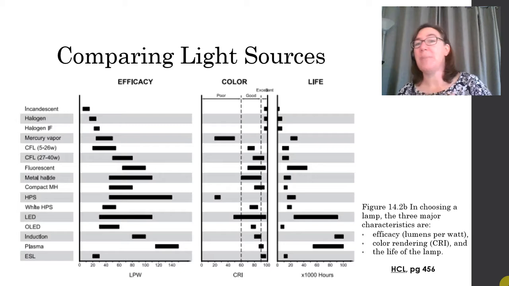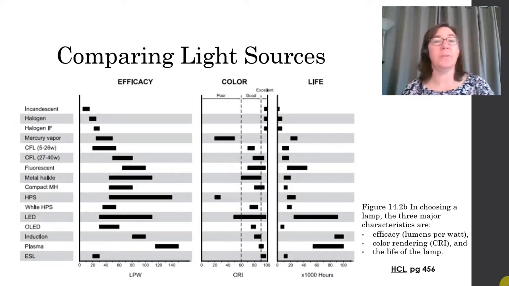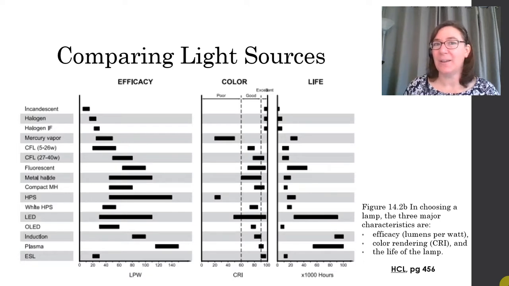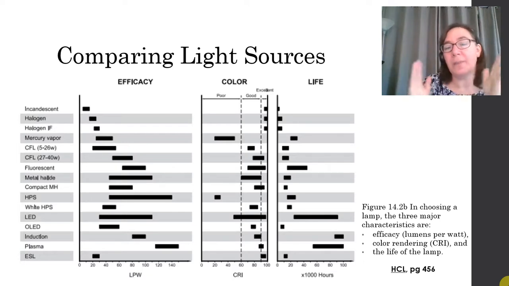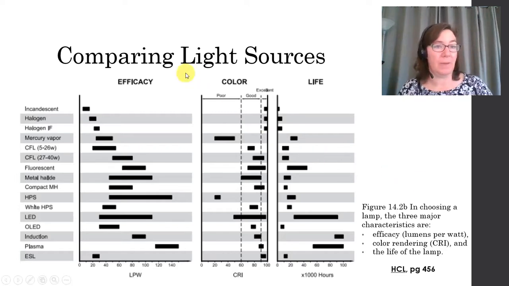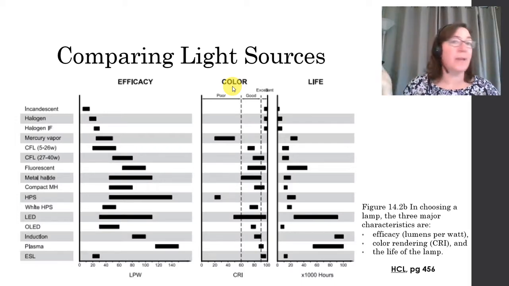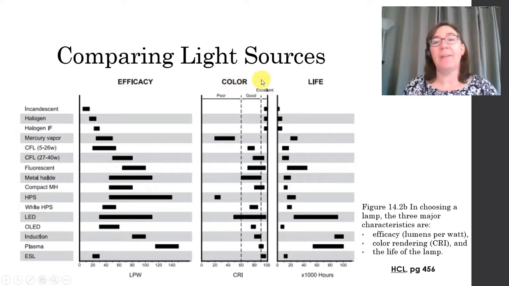Let's move on to comparing light sources. Earlier you learned about the many different characteristics of light sources that we use to make our design selections. In this section, we're going to narrow the focus in to three of the major characteristics: efficacy, measured in lumens per watt; color rendering, CRI, and remember that that is measured in comparison to our sunlight, our daylight; and finally, life.